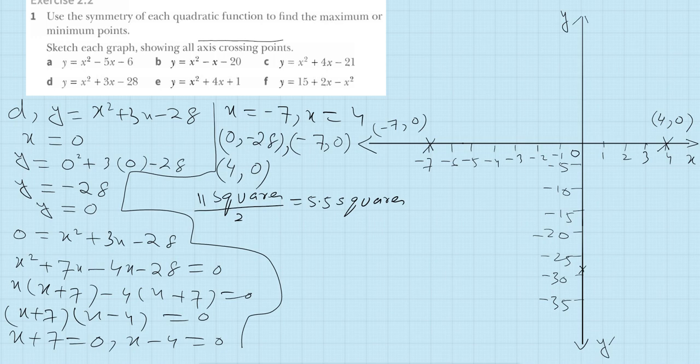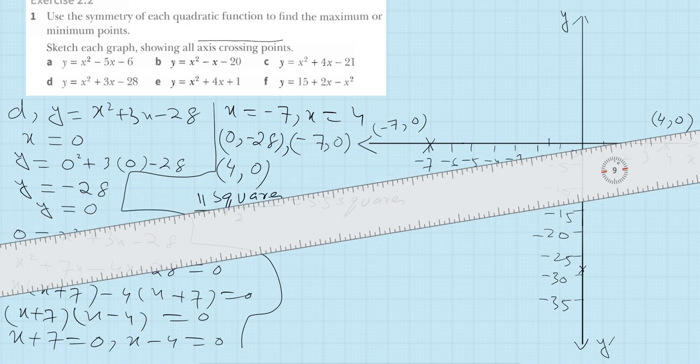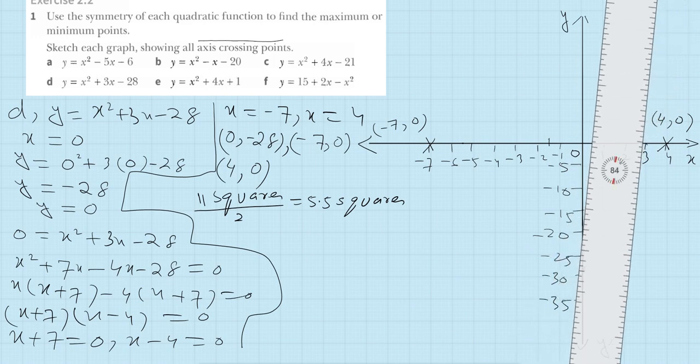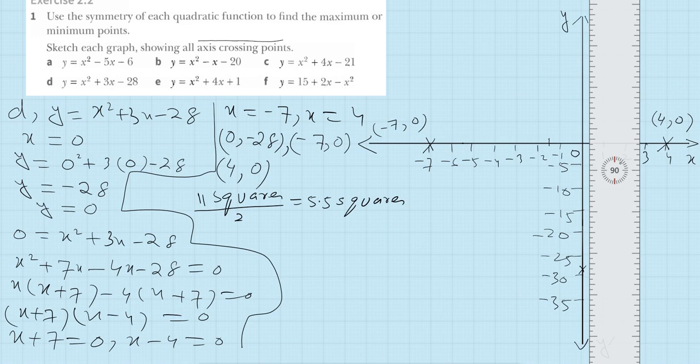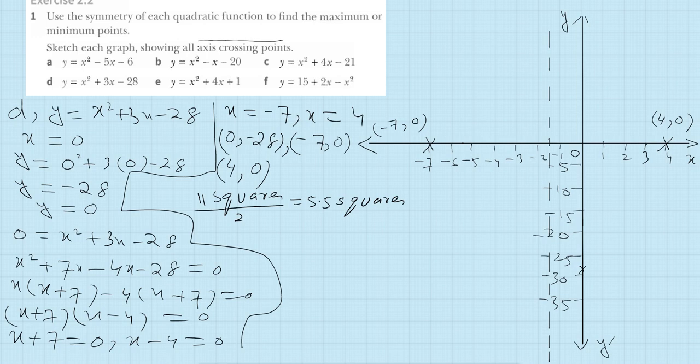This is the point 5.5 where we have to draw the line of symmetry. So this is our line of symmetry.